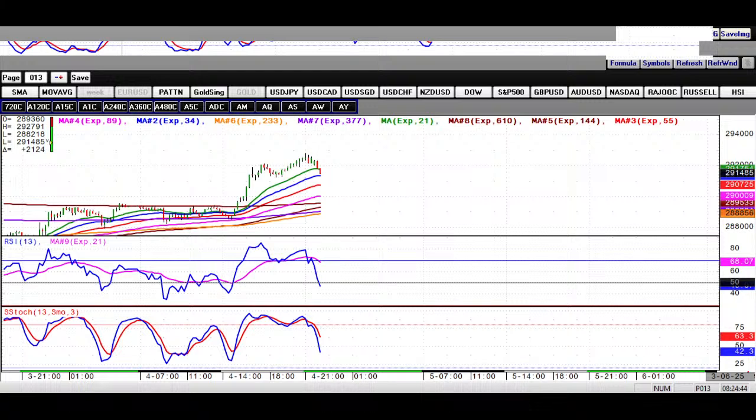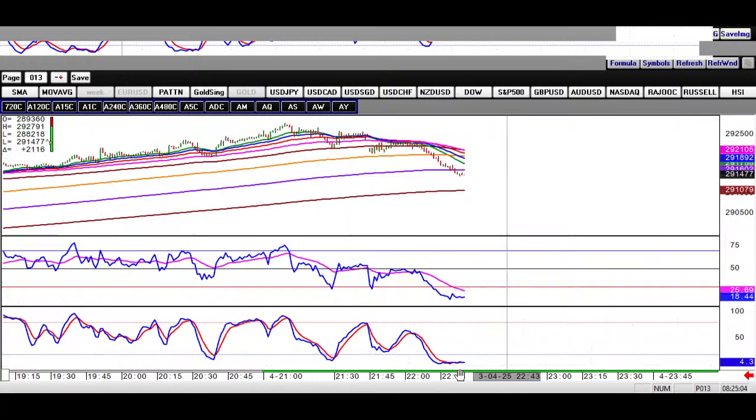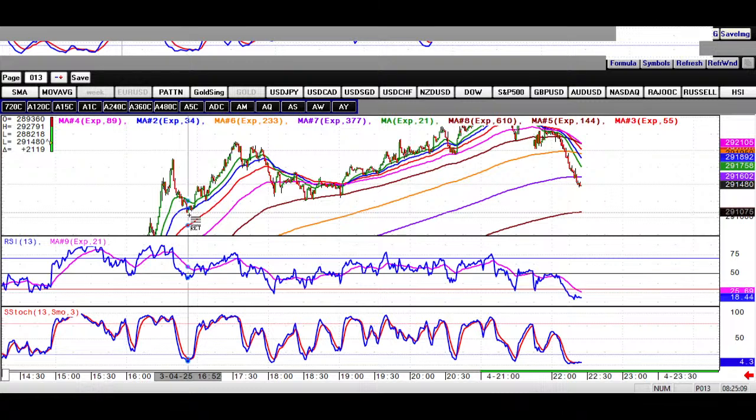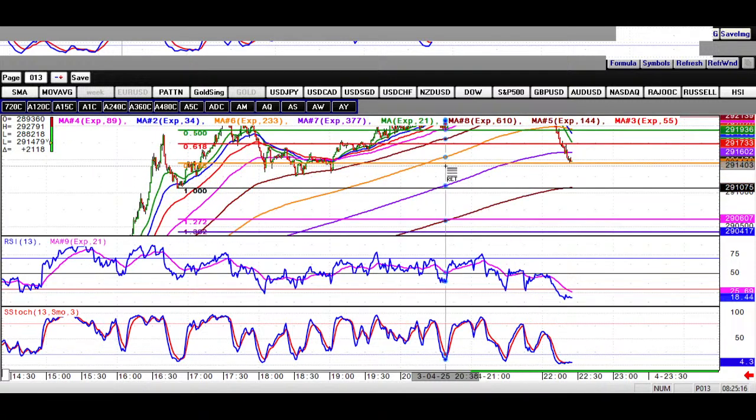Okay, so we are already into two trades. So we have shorted gold, and right now we feel this is coming off. Most likely 11 should be our first target.